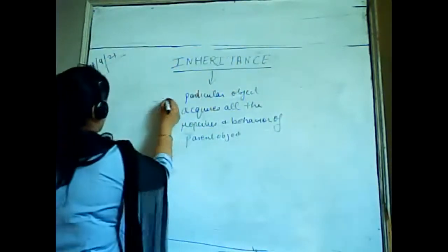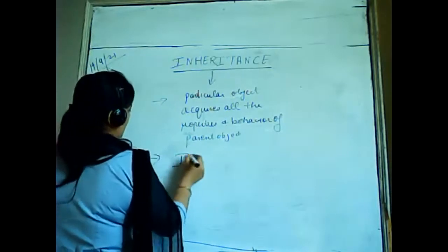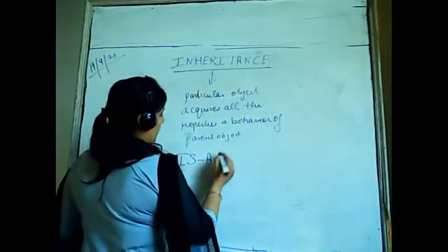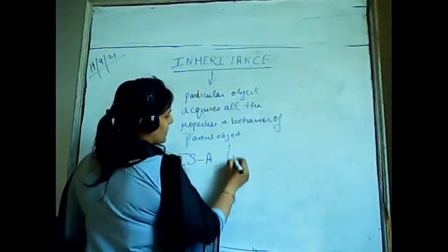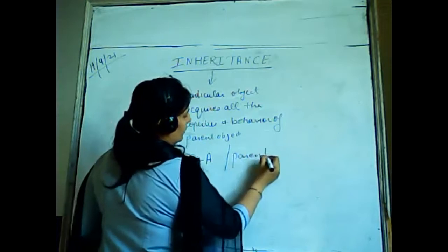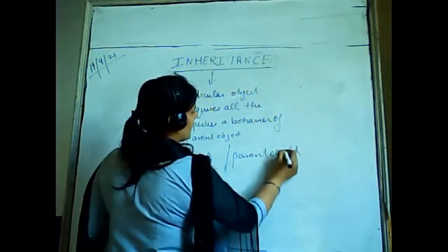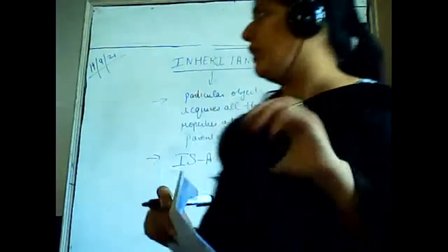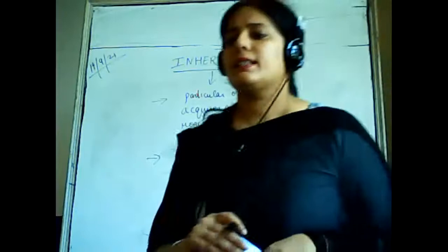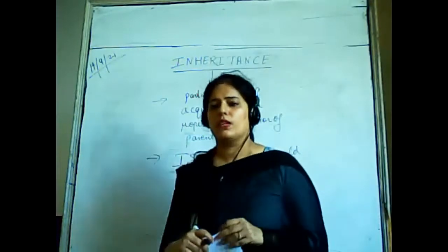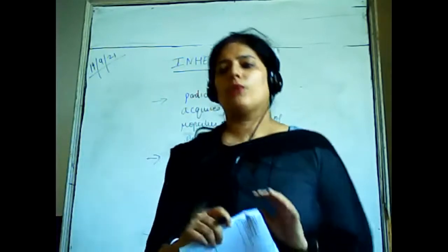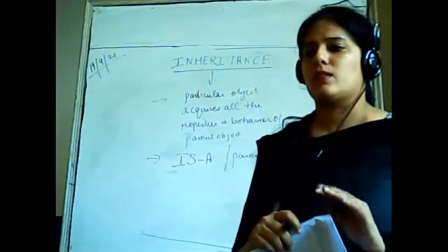So if we say that in Java, inheritance behaves as an is-a relationship, which we also define as parent-child behavior. Okay, parent-child relationship. So what do we mean by a parent and a child in case of inheritance? We have a parent class here.